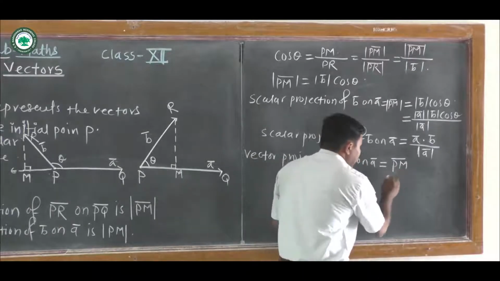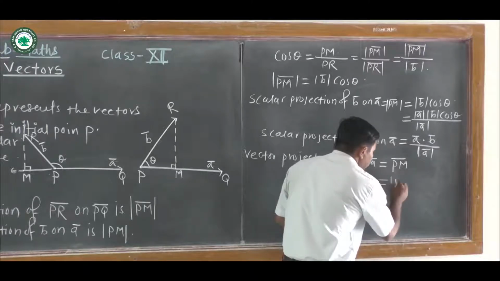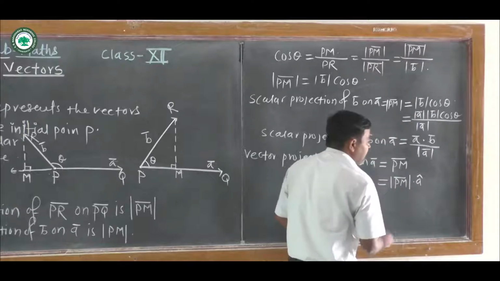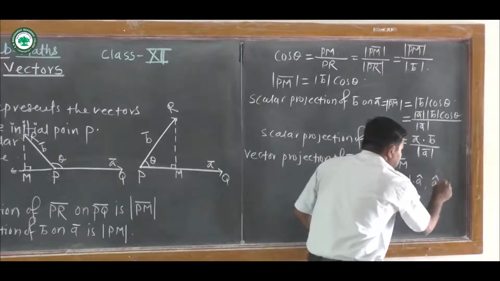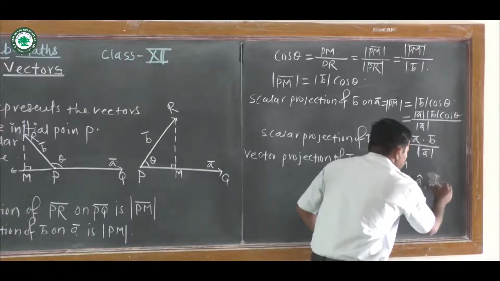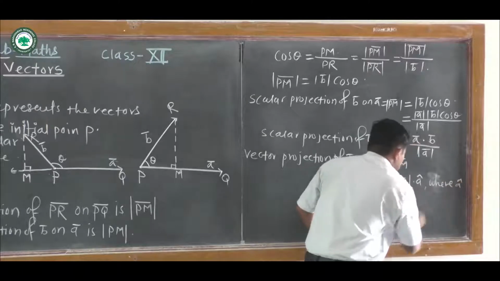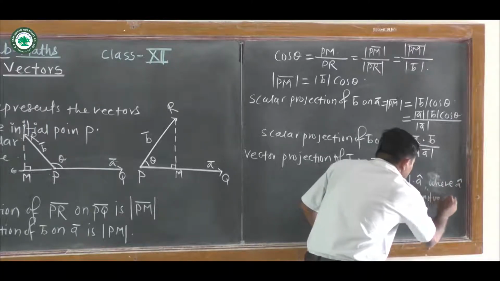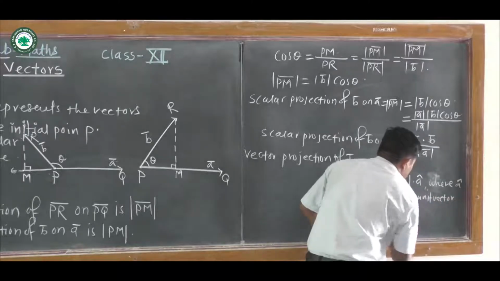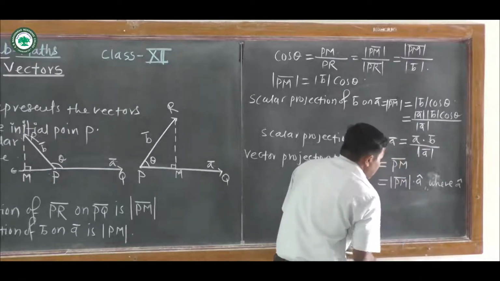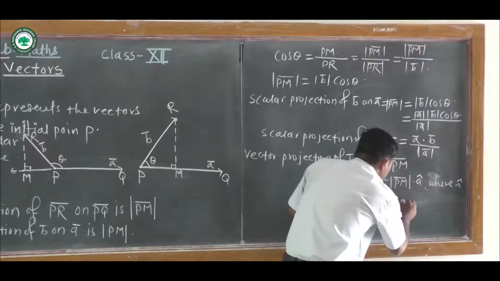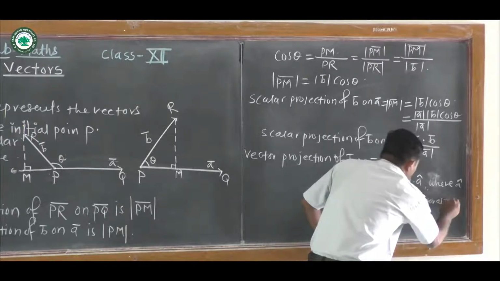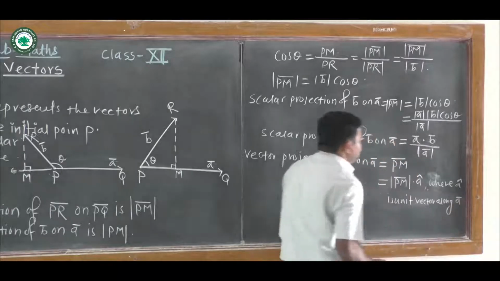Now this vector PM can be written as the magnitude of vector PM into A cap, where this A cap is the unit vector along A bar.